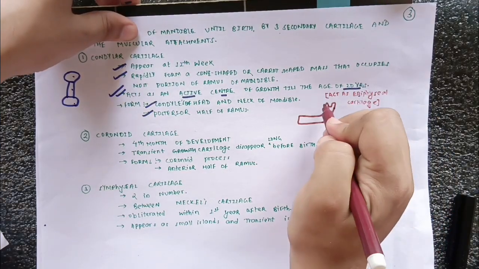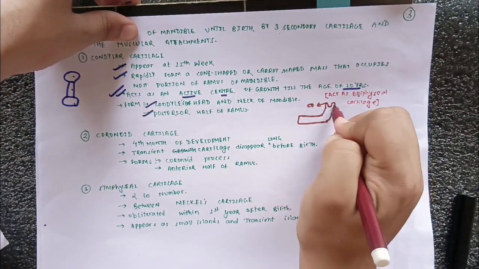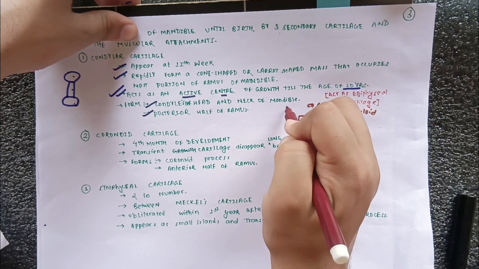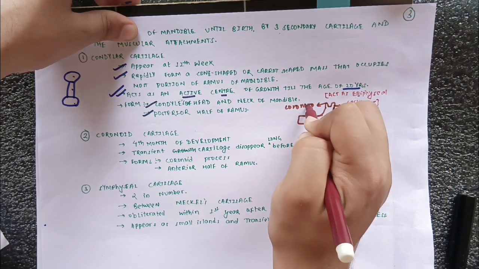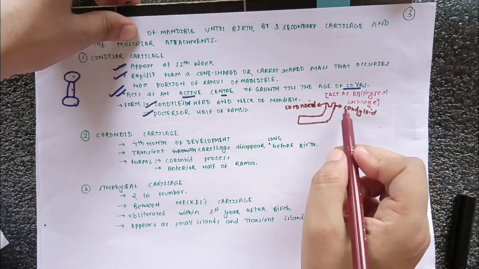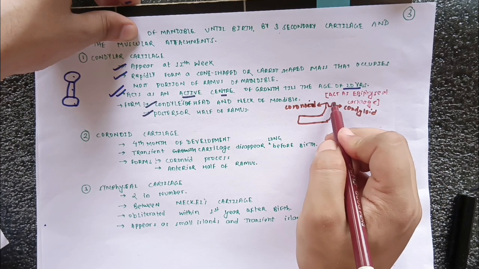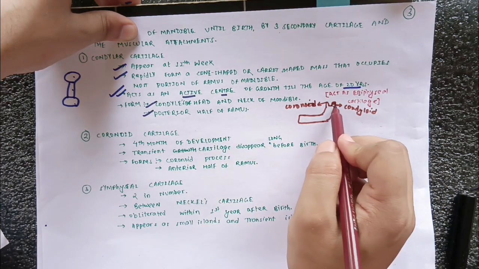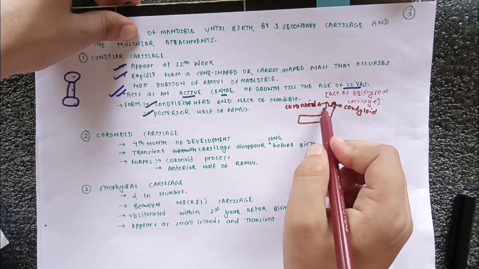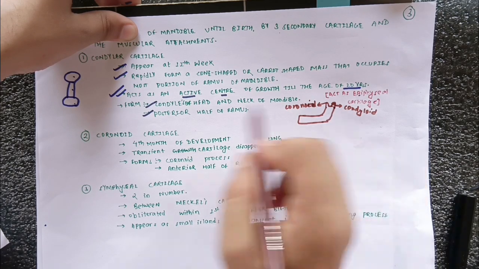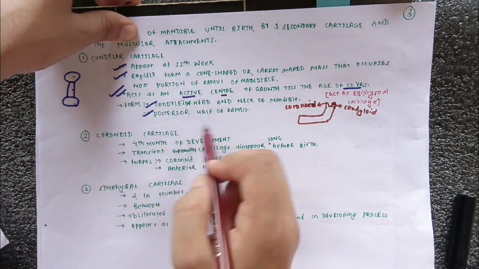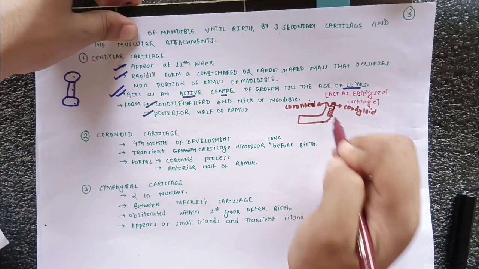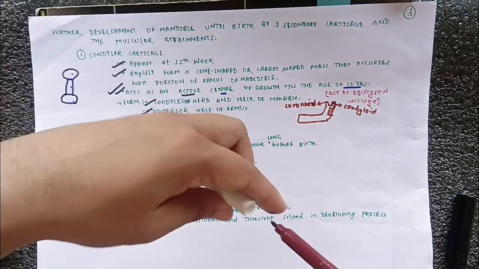In the ramus of the mandible, we have a coronoid process and a condyloid process. So the head of the condyle, and the neck of the condyle. This neck of the mandible is formed by the condylar cartilage, and the posterior half of the ramus is also formed by the condylar cartilage.